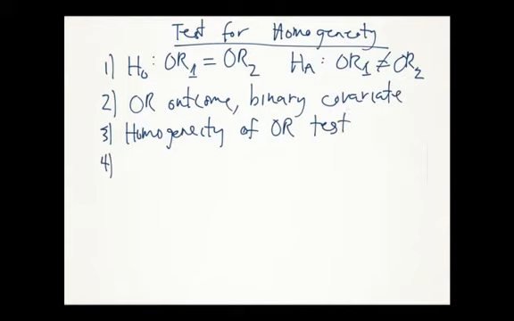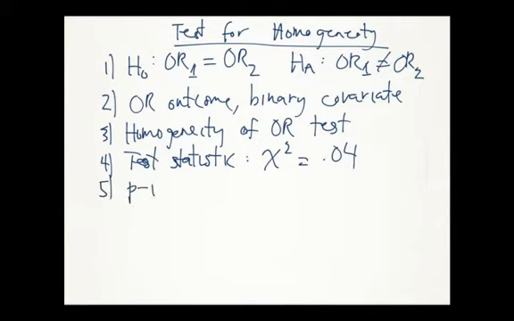The corresponding test statistic, again, we would get this from Stata. We wouldn't do this by hand, and we obviously magically wouldn't know it. Stata would tell us that the chi-square value for this case is 0.04. The p-value, which again we would get from Stata, that corresponds to this test statistic is 0.83, so a large p-value, much larger than 0.05.